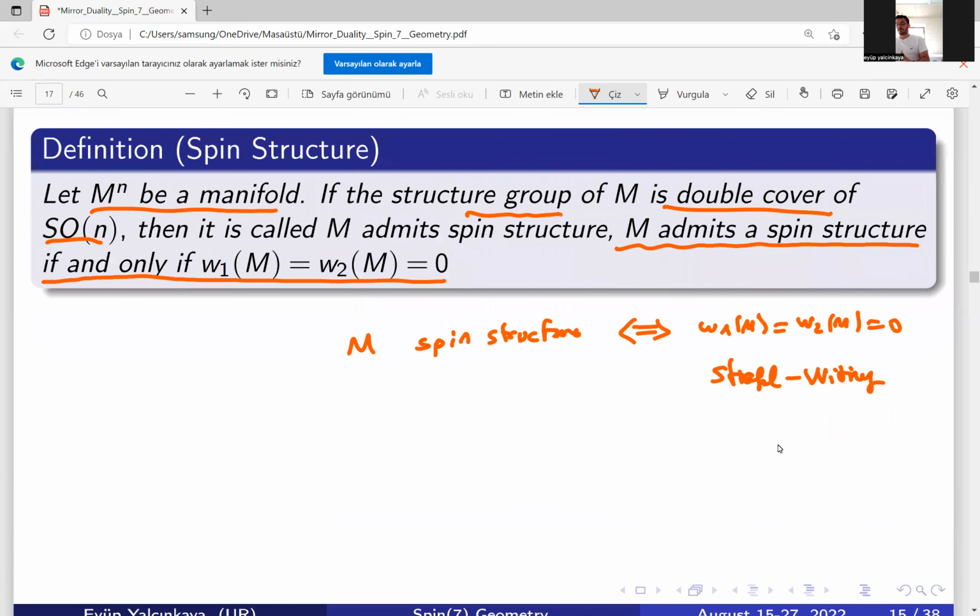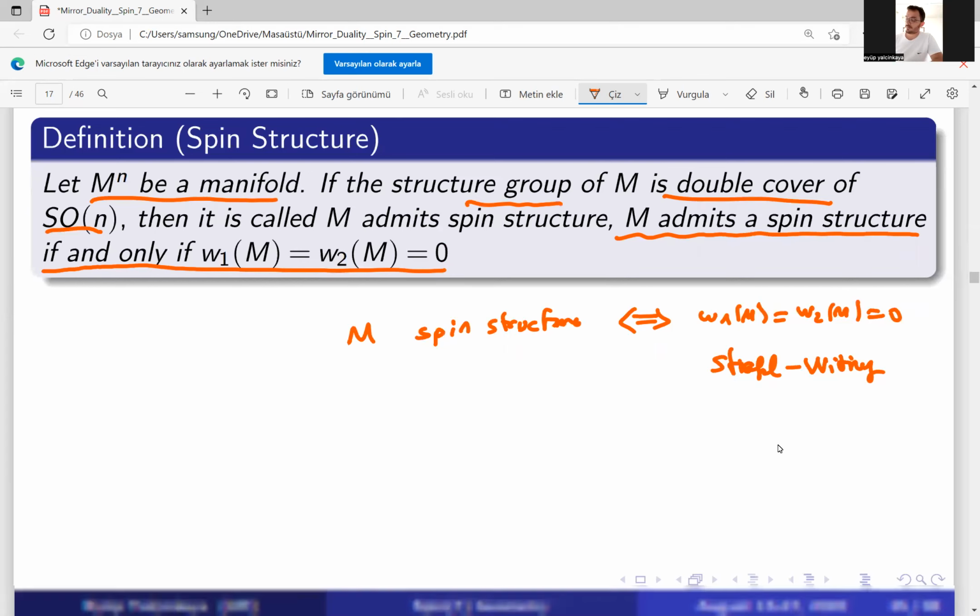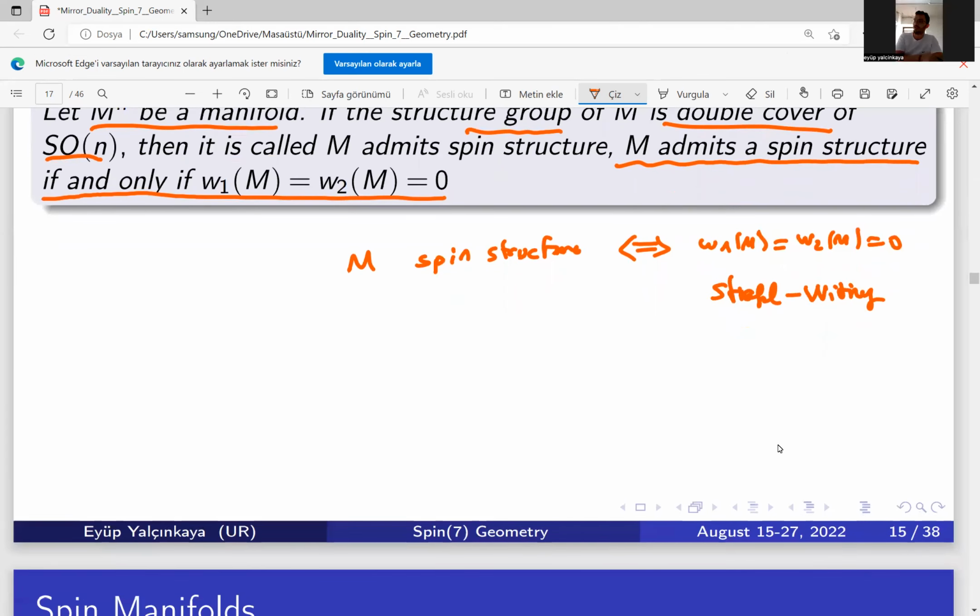But to understand it a little bit more, which is complicated, maybe you can check the Milnor and Stasheff characteristic classes book, Characteristic Classes.